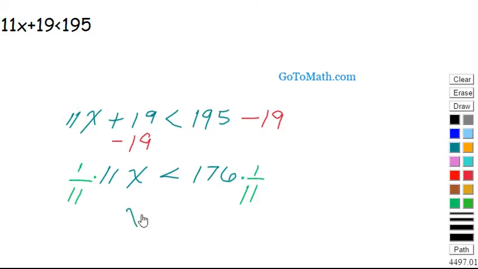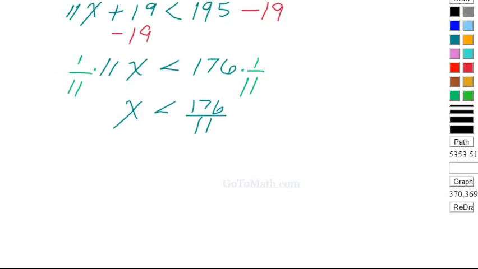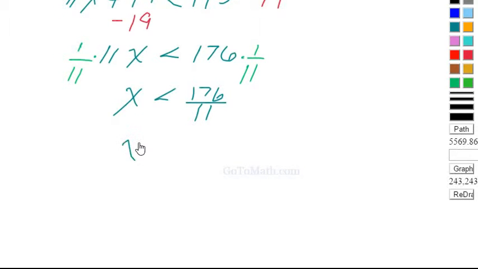So now we're left with x is less than 176 over 11, and we want to reduce that down. Scroll down here. X is less than 16.